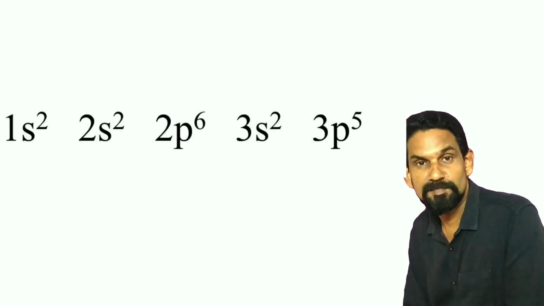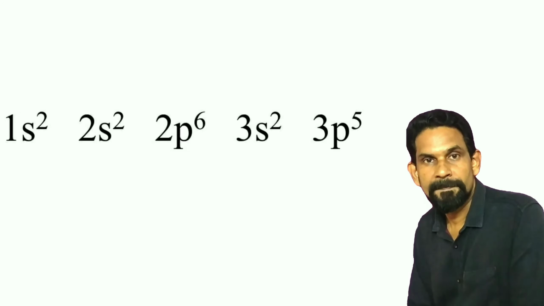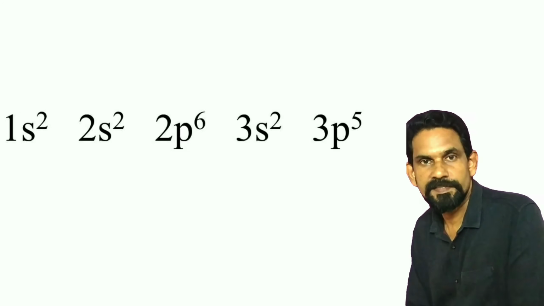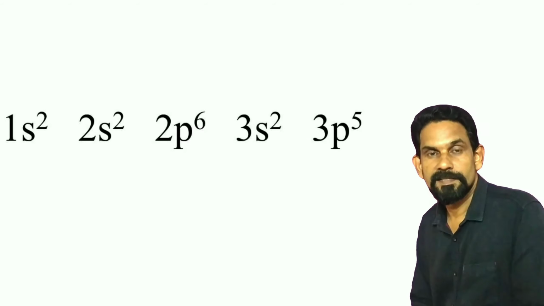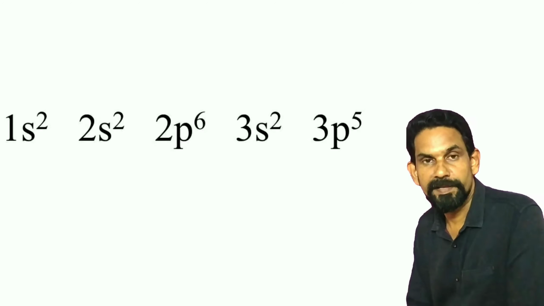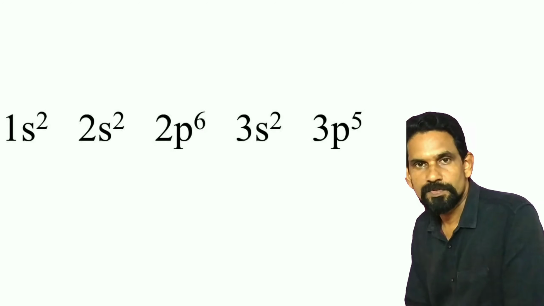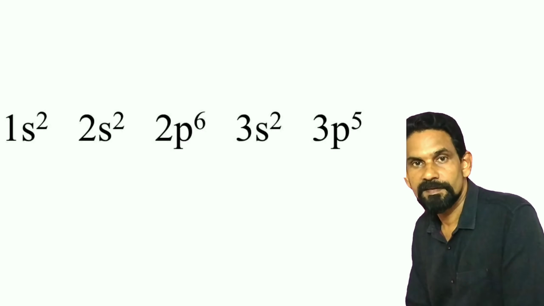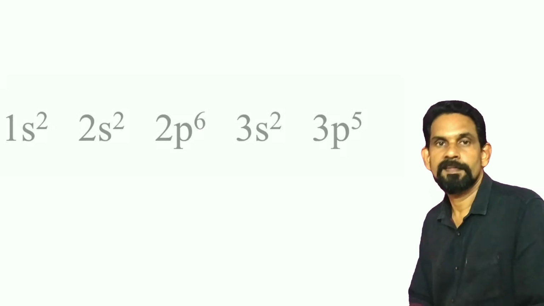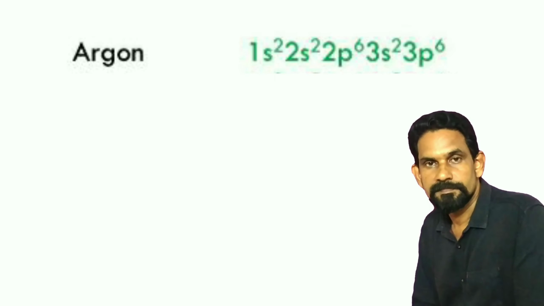What will be the next number? 3p5, isn't it? So the total number of electrons is 17. So the subshell electronic configuration of chlorine is 1s2, 2s2, 2p6, 3s2, 3p5. Okay?